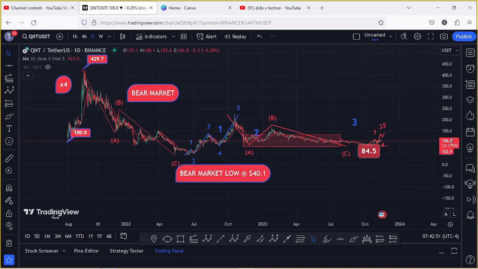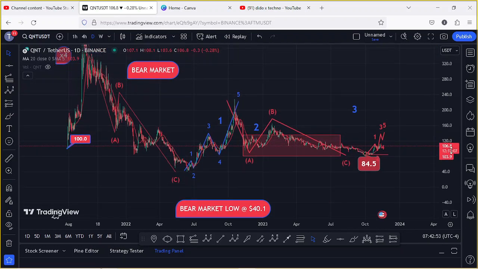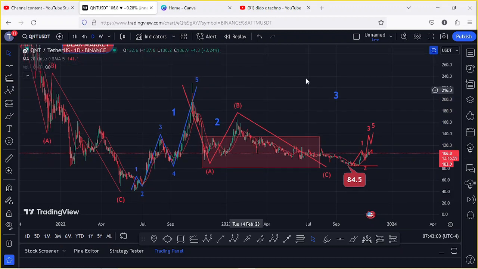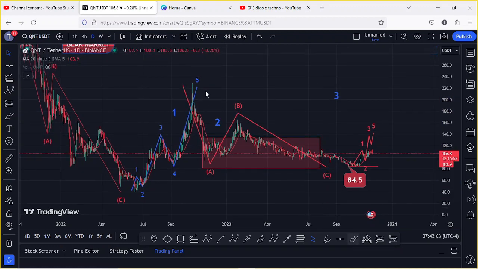And after seeing the bear market low, we continued to obey the Elliott wave structures, where you can see that we first picked in a 5-wave structure over here, having the wave 5 giving us a high above the $229 mark, completing the formation of a larger Elliott wave count 1. And after seeing the formation of this first wave, we started a corrective structure in the formation of this wave 2.